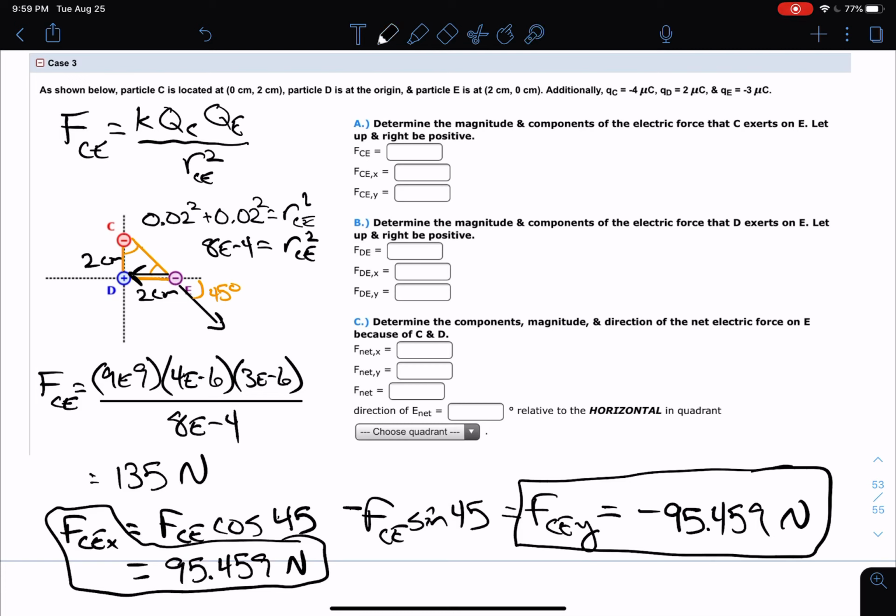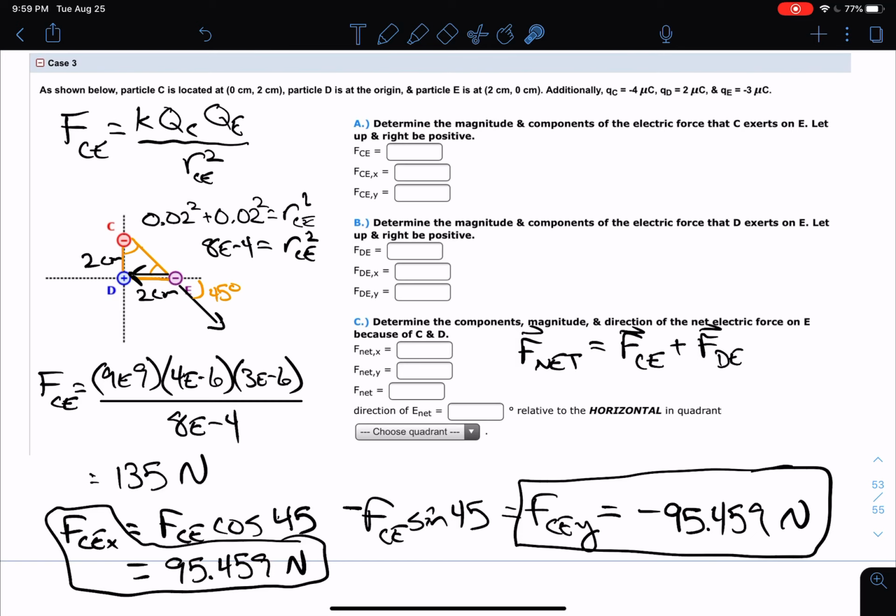So the net force, if I want the net force, that means I've got to add FCE plus FDE. That'll give me the net force on E. And that means I have to add the like components. So it means I'm going to add FCEX to FDEX.